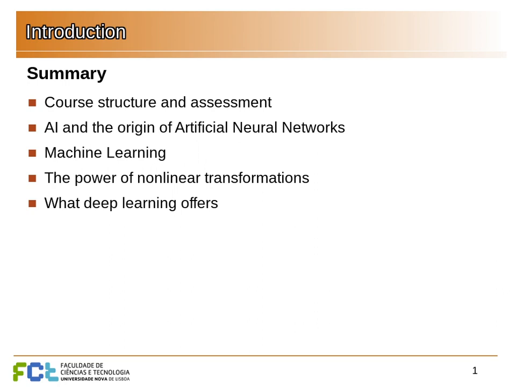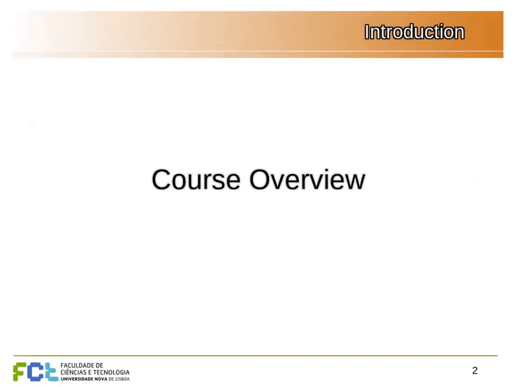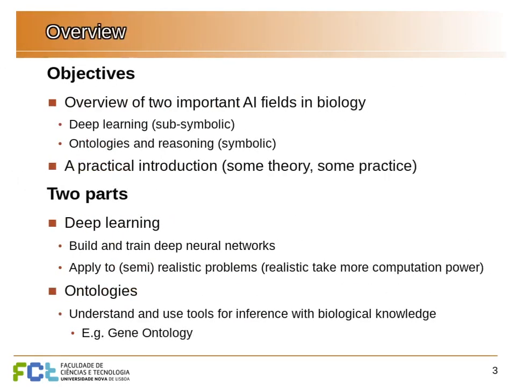I'm going to talk a bit about machine learning, basically review some of the things we talked about last semester, but then focus on this ability of neural networks to perform chains of nonlinear transformations in order to help us solve some particular problem. And I'm going to try to convince you that deep learning is a useful approach for many kinds of problems. So let's start with the outline of the course.